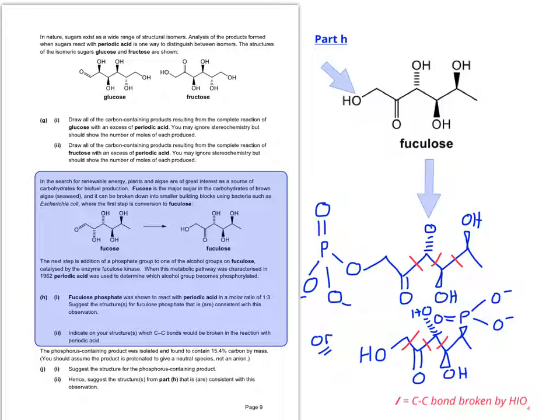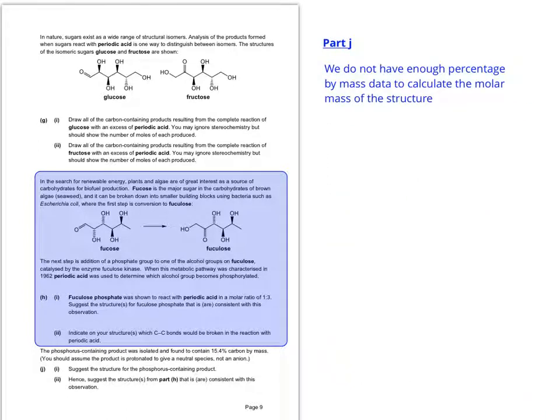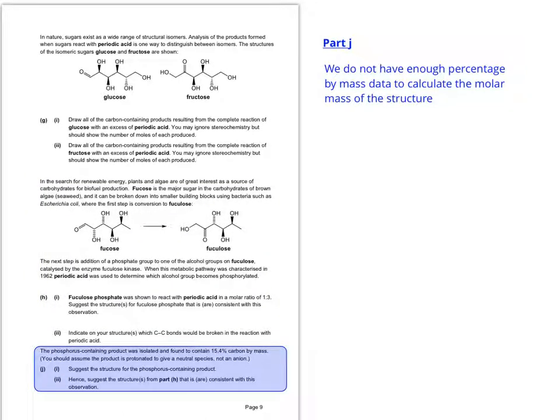And the final part, part J. The problem with part I is we don't have enough data to even attempt to calculate the molar mass of the structure, so we have to take what we know about it and put it together. The phosphorus containing product will contain this.